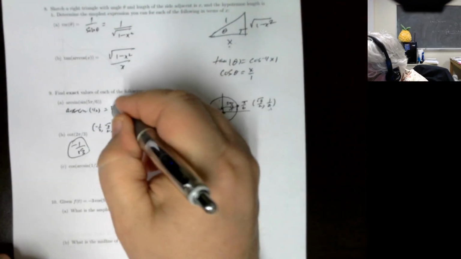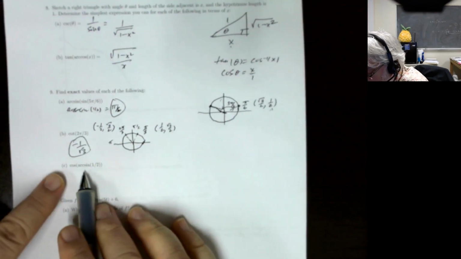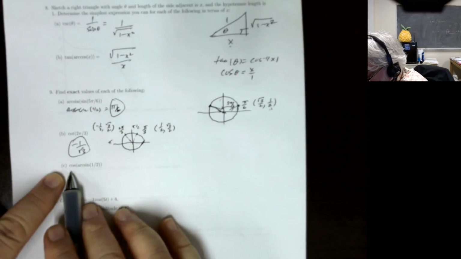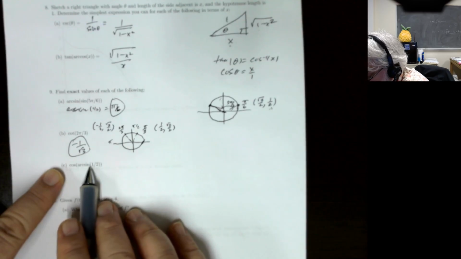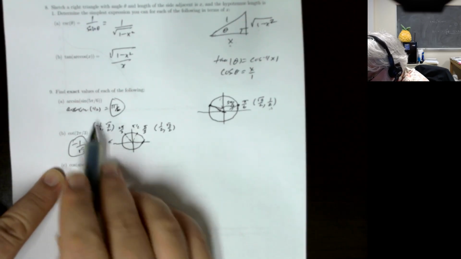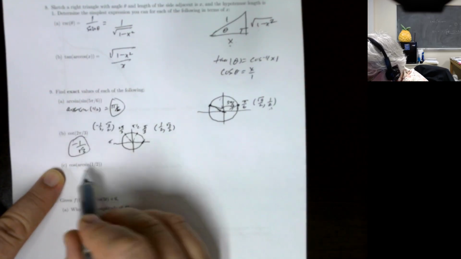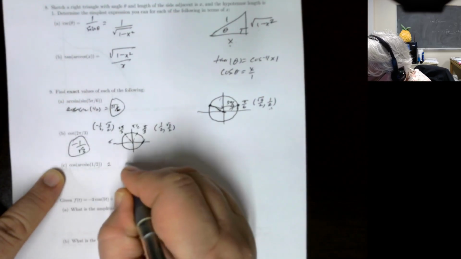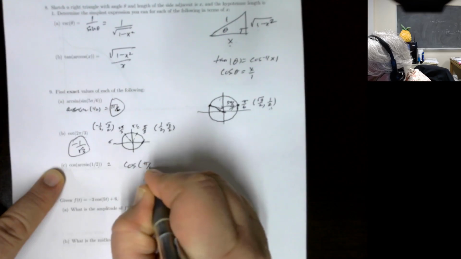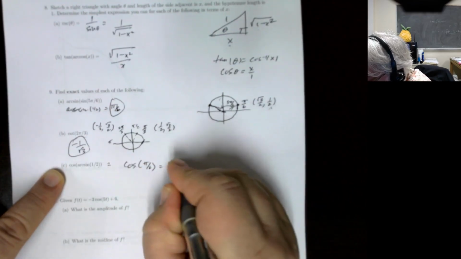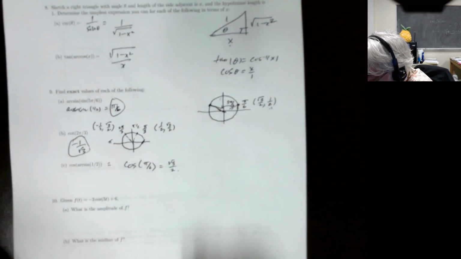Okay, so that was pi 6 over here. Arc sine of 1/2, and then we take the cosine of that. Actually, we've already done the arc sine of 1/2, right? Because up here we said that the arc sine of 1/2 was pi 6. So we could just replace that. So that's cosine of pi 6, and then cosine of pi 6 is the square root of 3 over 2. Good. All right.